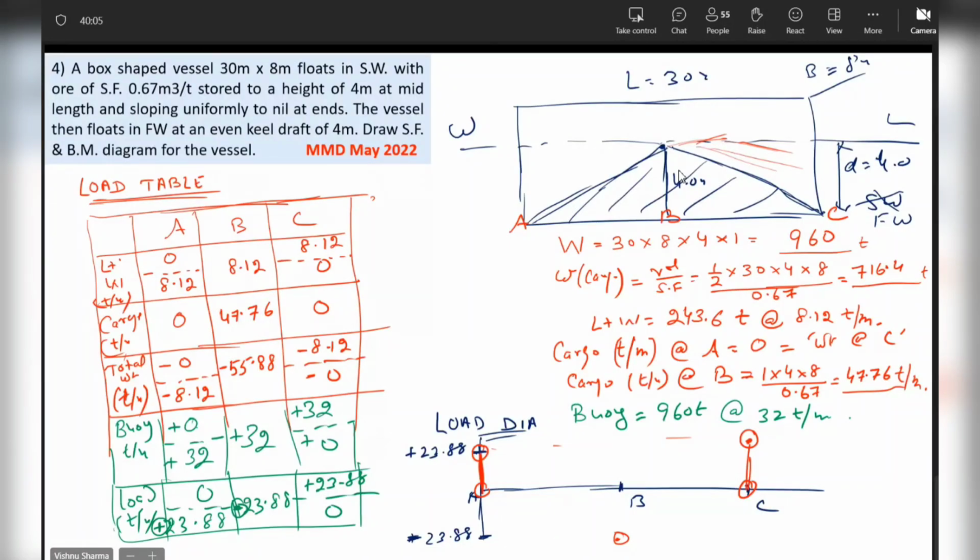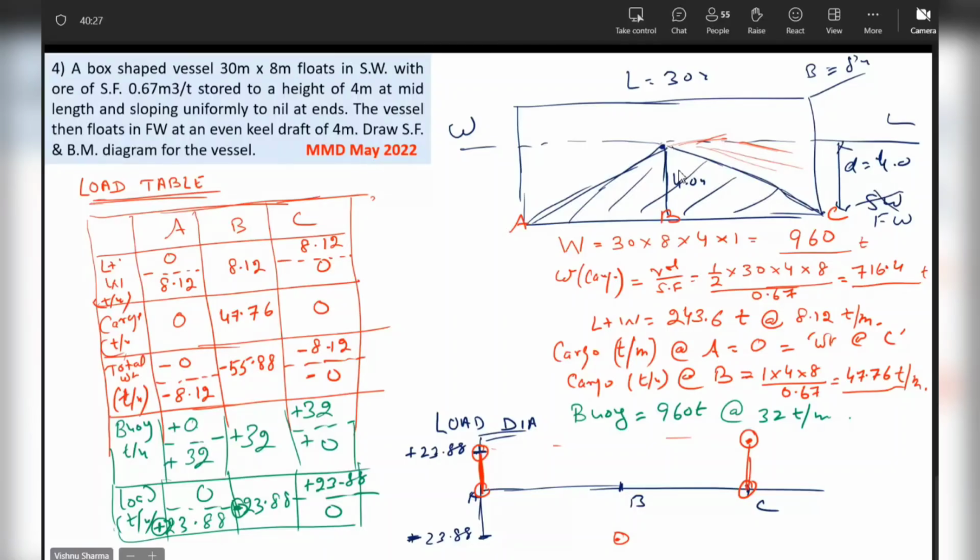Why are we joining them with a straight line? Because this load is the resultant of 3 forces. Out of 3, 2 are uniform. The third is changing at a uniform rate. So the resultant will change at a uniform rate. Am I right, beta? Correct?